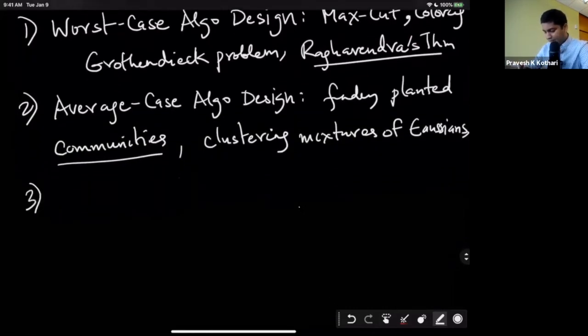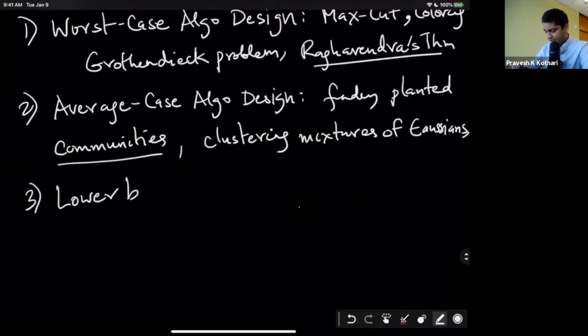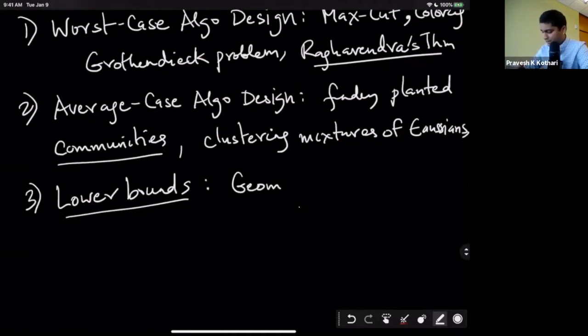We're going to see how to prove lower bounds on this method. How do you prove that this method actually cannot yield good algorithms? We're going to see some principled methods to approach proving lower bounds for this method, and this will involve a foray into some geometry. We'll study techniques like pseudo-calibration, which gives lower bounds for certain average case problems.